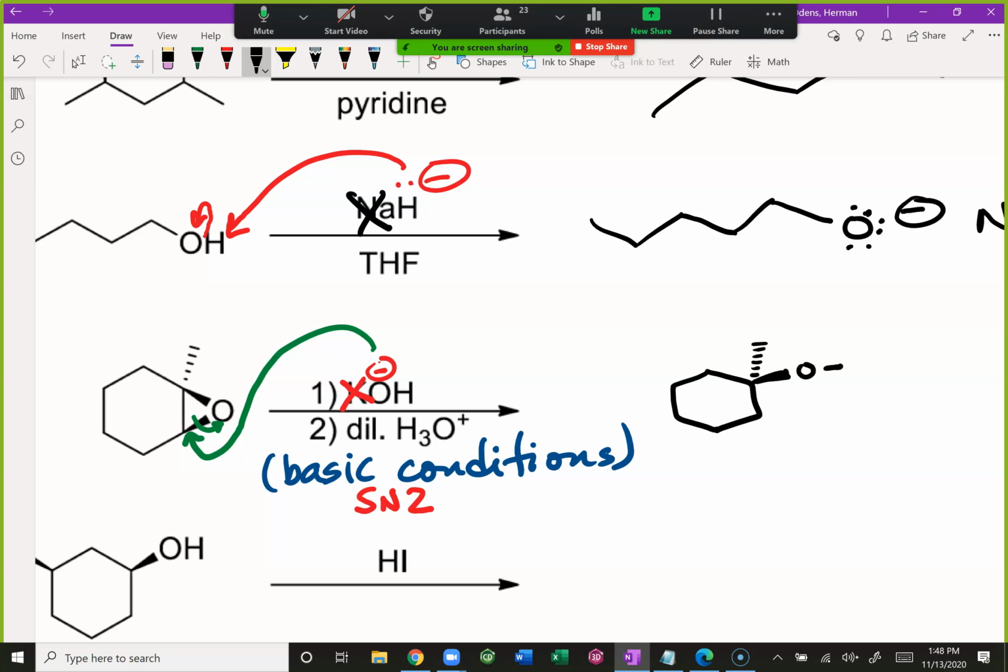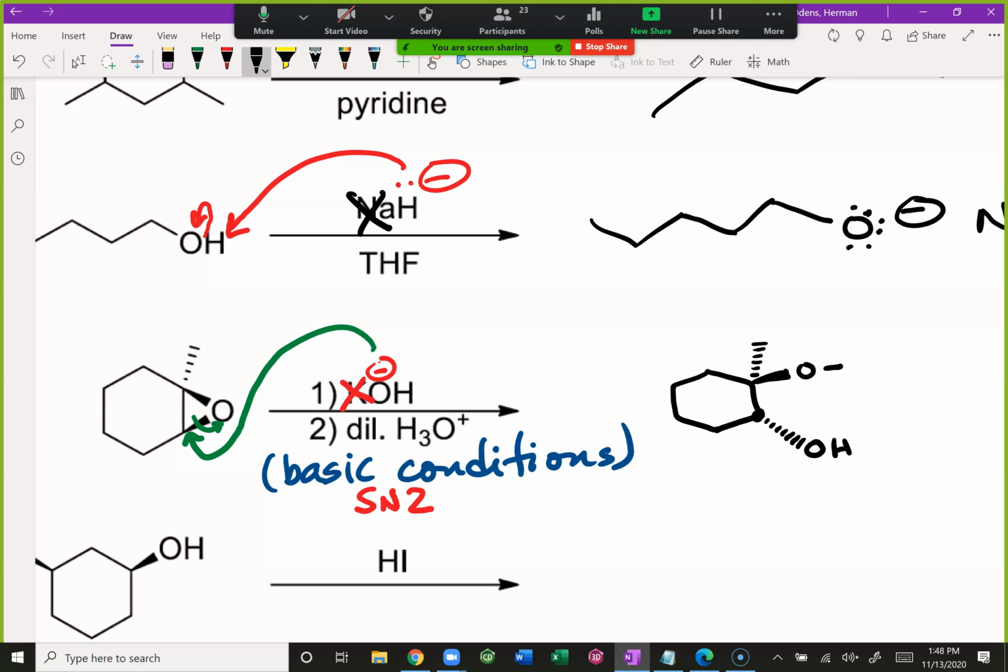And the new group, is it down or up? The new OH group, right here, on this carbon. Down, exactly right. It comes from the opposite side where that epoxide ring was.